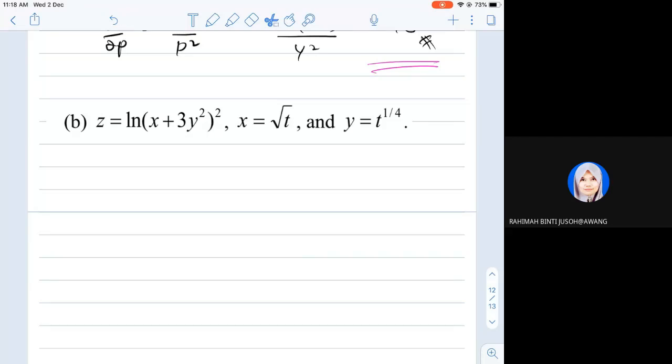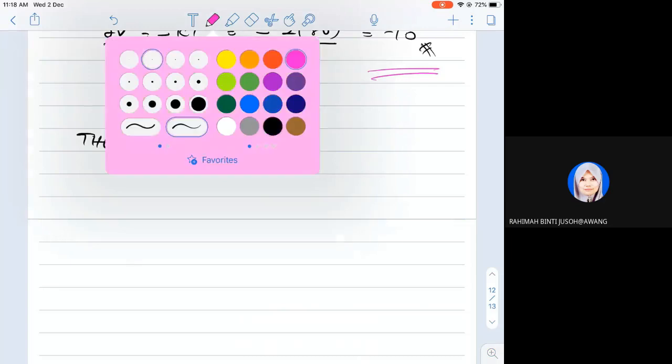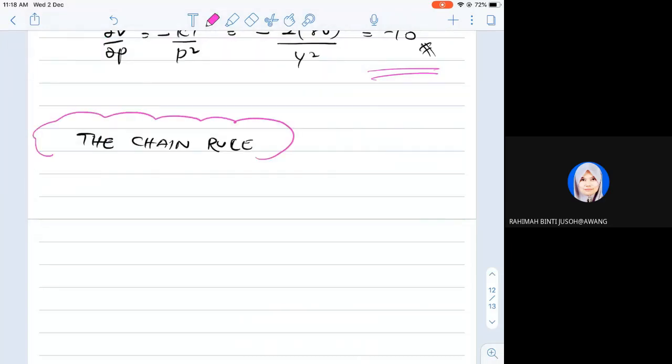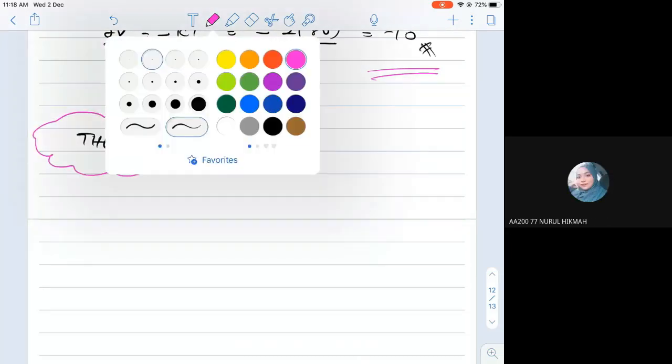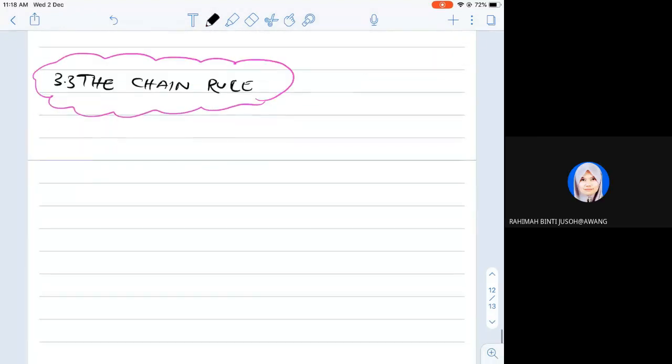Okay, so now, before that, the chain rule. The chain rule. What is chain, guys? Chain tu apa? Rantai. Betul lah rantai, dia berantaian.